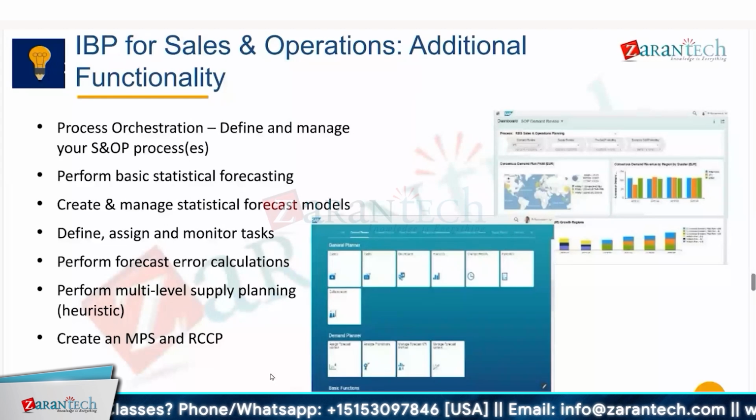The next one is also an extension of the previous slides. It talks about basic statistical forecasting, the forecasting models, rough cut capacity planning, the forecast error, and so on. Basically, all the activities done in the demand planning or supply planning process are linked to certain KPIs and targets. All these processes must be robust enough to meet the KPI targets.